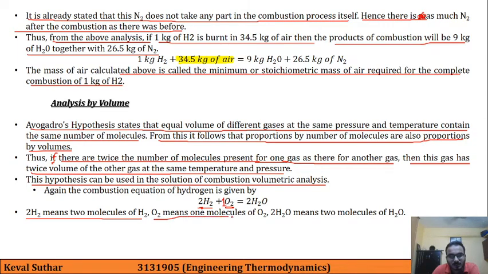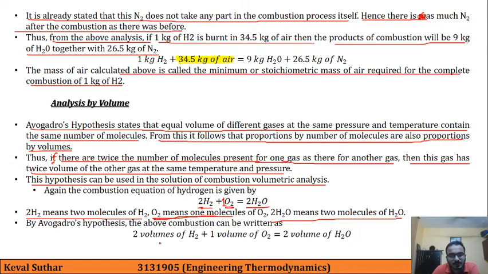So O2 means 1 molecule of O2, and 2H2O means 2 molecules of H2O. So by Avogadro's hypothesis, the above equation can be rewritten in this way: 2 volumes of H2 plus 1 volume of O2 is equal to 2 volumes of H2O. And we can divide the whole equation by 2. So 1 volume of H2 plus 0.5 volume of O2 is equal to 1 volume of H2O.